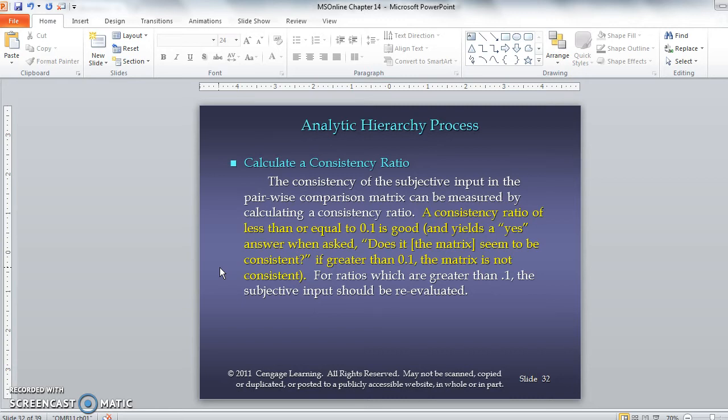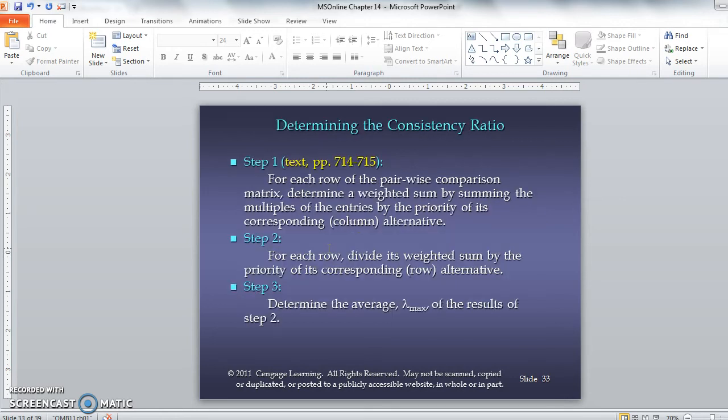So we need to look at that, and there's some argument in the literature with regard to what level of CR is appropriate. 0.1 is a threshold, but for our sake, we're going to go along with that. If we have a CR less than or equal to 0.1, we say that the matrix seems consistent. And if it's higher, we say it's not consistent.